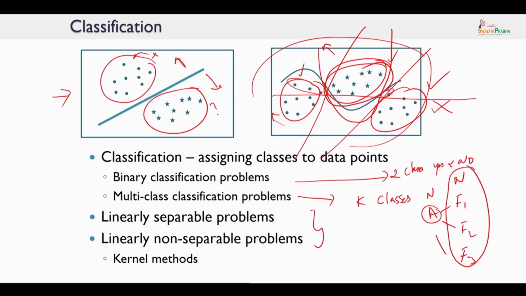All of this we described for binary classification problems. Many of these ideas also translate to multi-class problems. For example, let's say I have data from 3 classes like this here. So, these are 3 classes.